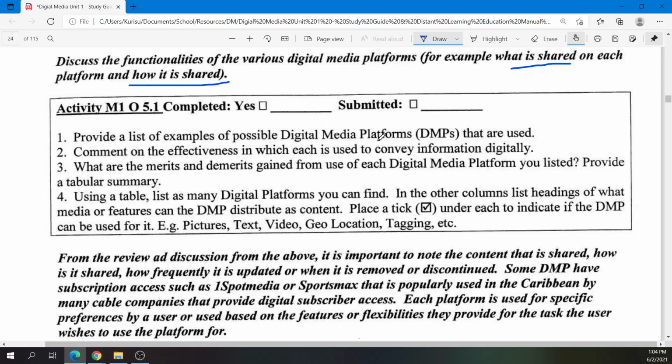And then, for example, you might not have the hardware in order to access the content, the digital media. For example, if you have an iOS phone, then you cannot get an Android application. There are some applications on iPhone that you cannot get on an Android phone.